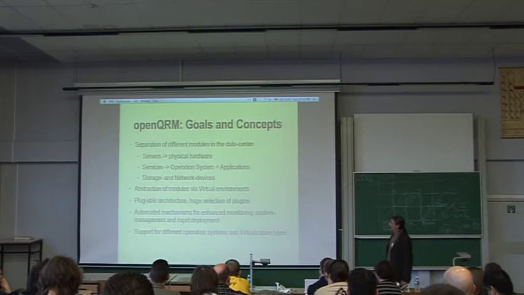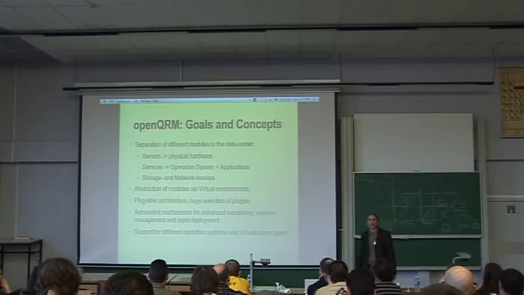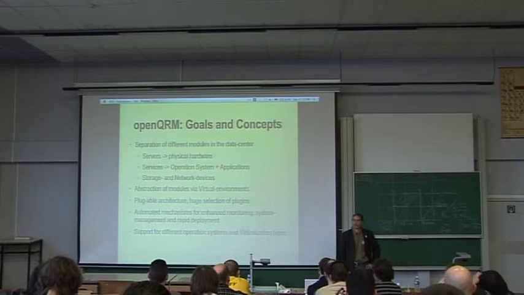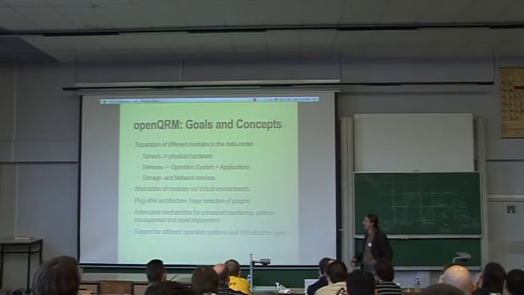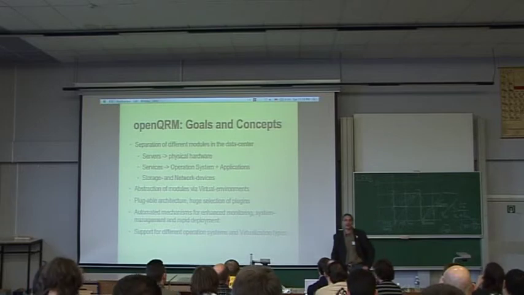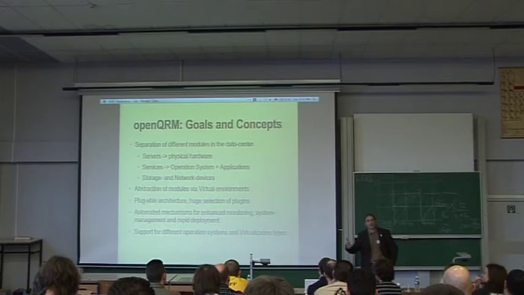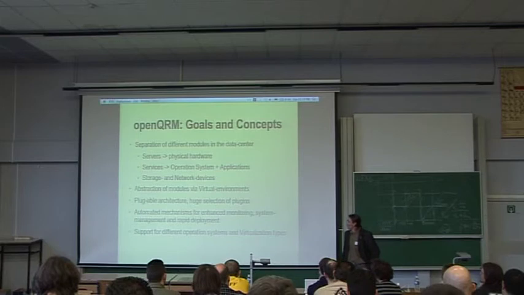Okay, I talked about a pluggable architecture, and there is already a huge selection, about 20 plugins available for openQRM, which add different features to the base server. Examples are a Nagios plugin for enhanced monitoring. We have integrated Linux CUE as a plugin, which gives you automatic installation as another form of deployment method.